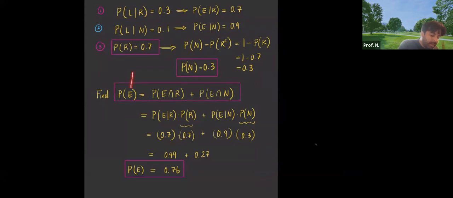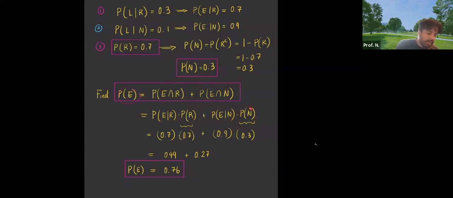The probability of the event that he comes early is dependent upon two mutually exclusive events, which is whether it rains or it doesn't. So to find the probability that he comes early, you have to find the probability that he comes early given that it rains, multiplied by the probability that it rains, plus the probability that he comes early given that it doesn't rain, multiplied by the probability that it doesn't rain.